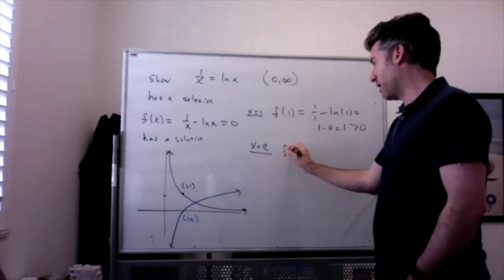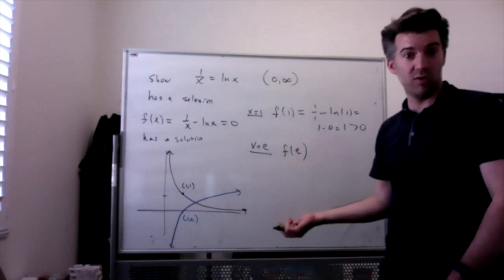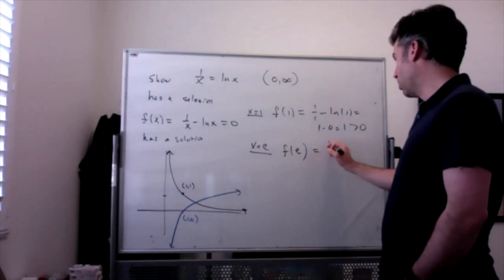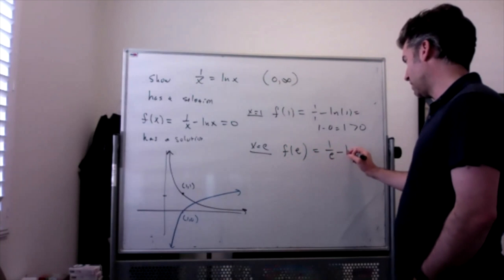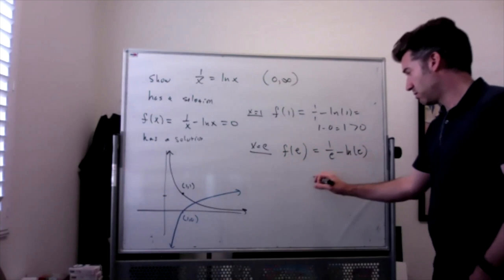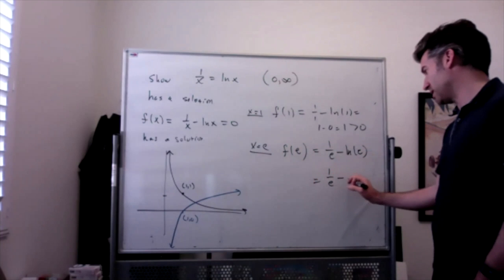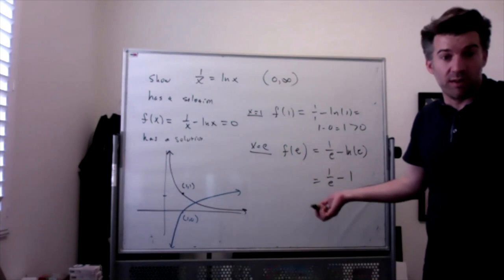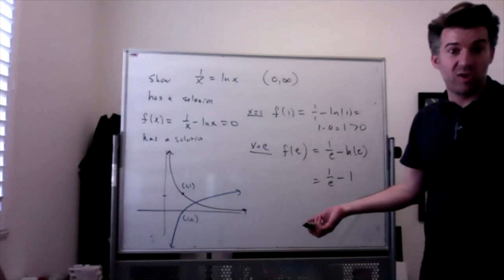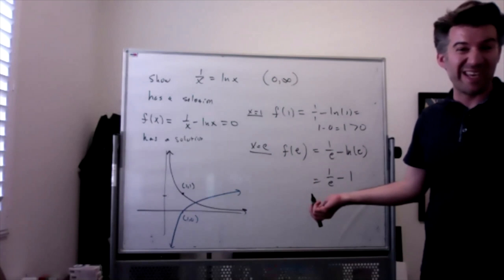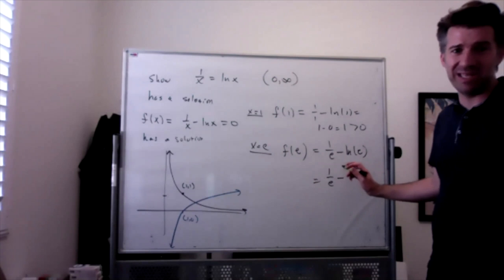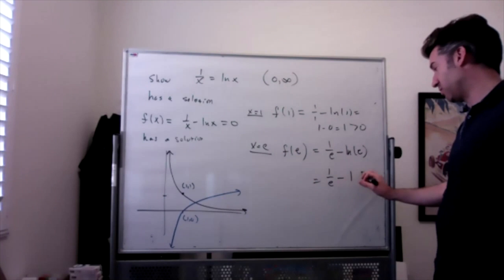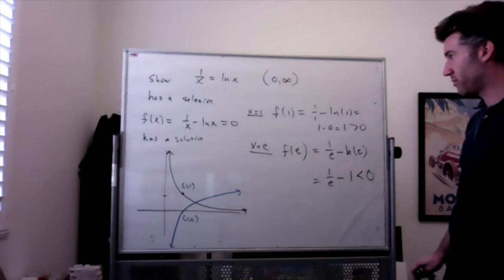So f of e, which again is just about 2.7, is 1 over e minus the natural log of e. That's 1 over e minus 1. And 1 over e is definitely smaller than 1. 1 over 2.7 is about 0.3. I don't need to know what it is. I just need to know that it's smaller than 1 so that this is definitely less than 0.